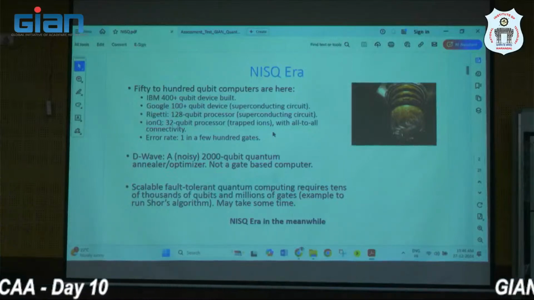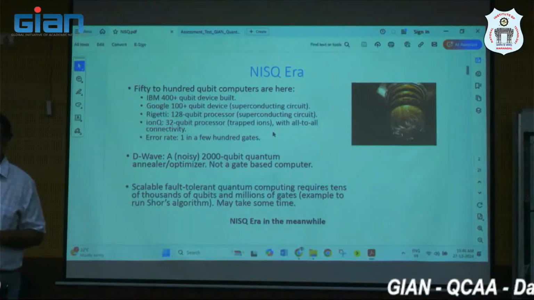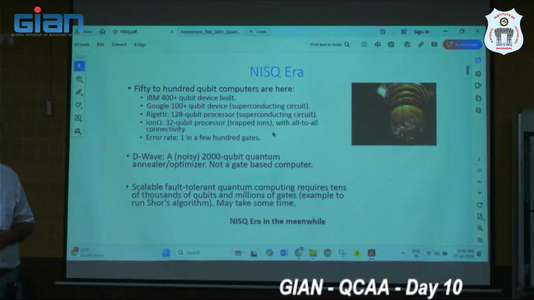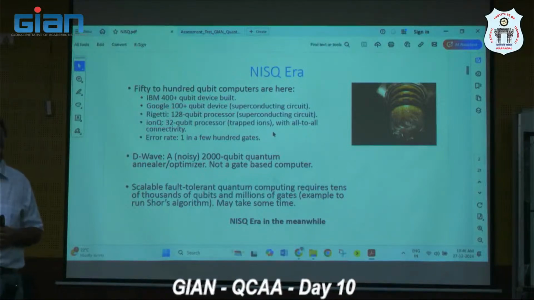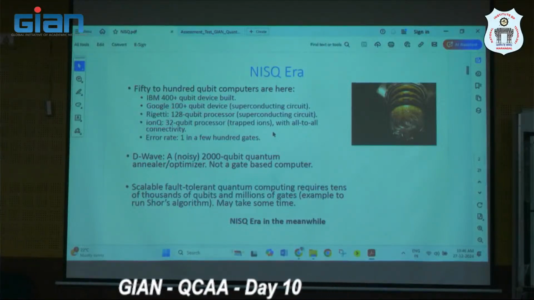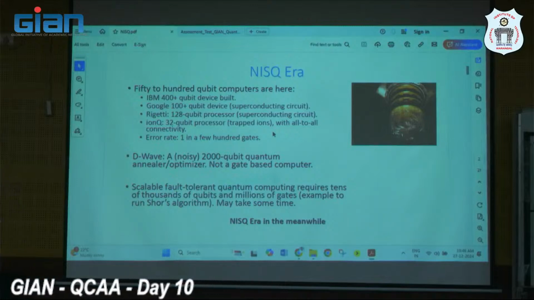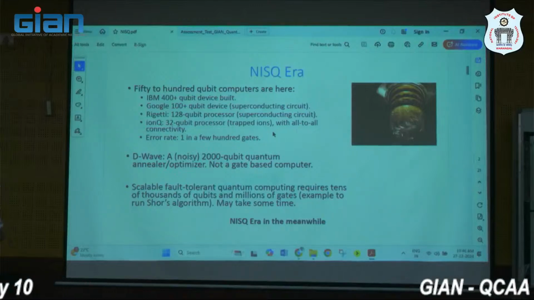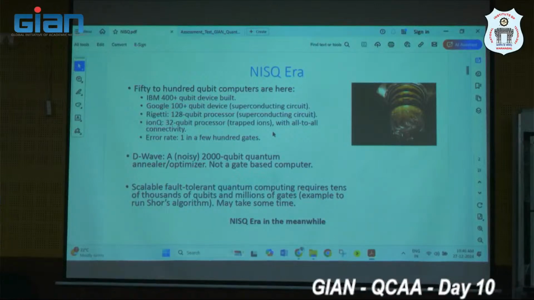But the thing is, you can isolate the system, but then you also have to do gates on it. You cannot just leave it like that, no? So again you have to interact with the environment. You have to shine some lasers, this, that, something you have to do. So there is this trade-off. You don't want the system to leave the superposition, but at the same time, it must interact with the environment to do the gates.